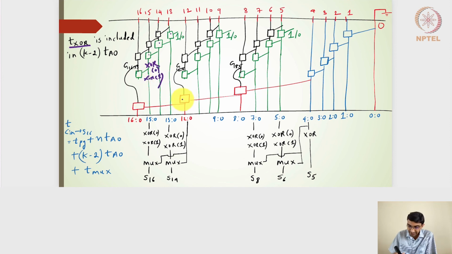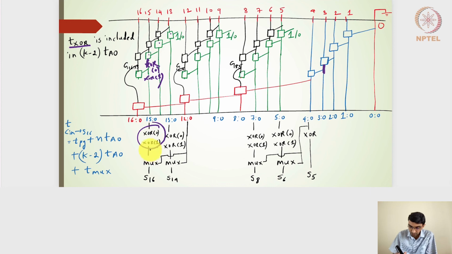But my red boxes here are way down compared to the output of the green boxes. These 3 green boxes are at the same level, and the output here will appear at the same level as the output of this. But after that, it has to go through this and then the red boxes, and then it has to go to the mux. So the T XOR gate is not included here because these 2 cases will actually come here.